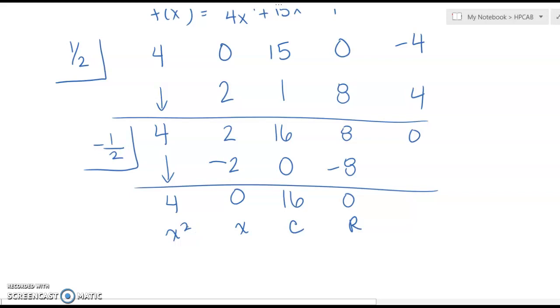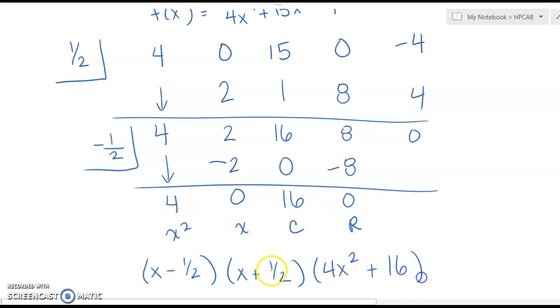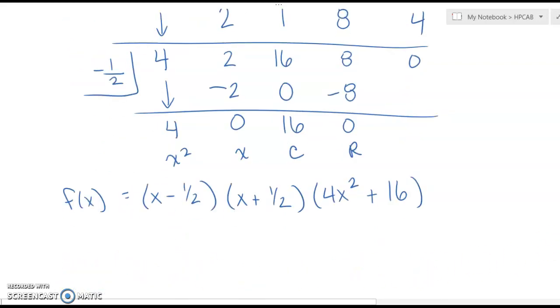So what happens is we have 1/2 as a factor, so x minus 1/2. We have -1/2, so x plus 1/2. And then we have 4x squared, the 0x you don't really need to put, plus 16. That's going to be our polynomial. So we're using synthetic division to kind of help us factor stuff. All right, so that's kind of how that works.